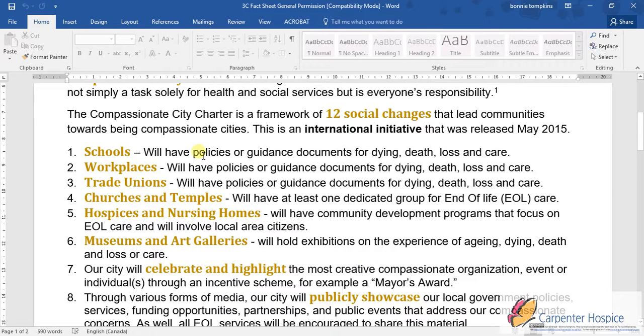But when dealing with political stakeholders, it's very important because here, the first 3, it talks about policy or guidance. So, politicians are going to understand a policy document, and even medical staff are going to understand having a policy document, but the general, just a good community organization, a church, a business, a mom and pop shop business, they hear the word policy, it makes them nervous.